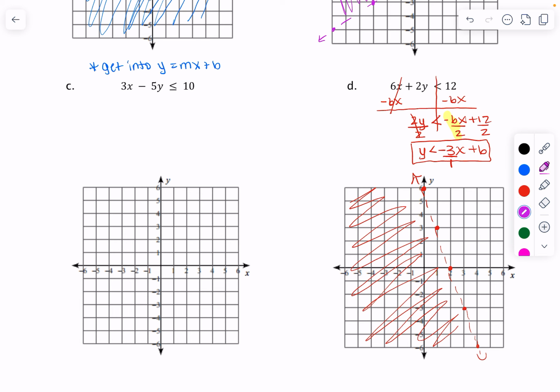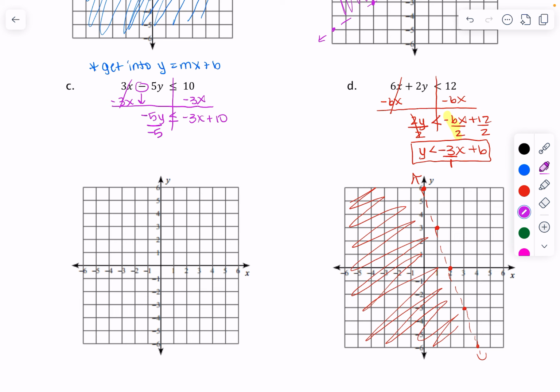For this last one, example C, it starts off the same way. I'm going to go ahead and subtract that 3x on either side. The 3x's cancel. Reminder that this negative gets brought down with the 5y. Carry down the less than or equal to negative 3x plus 10. And now here's the trick with this one that does trip students up.